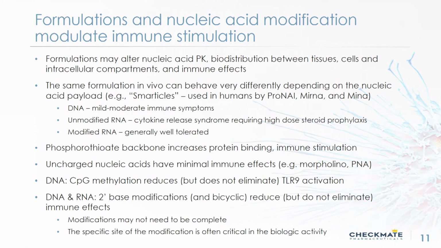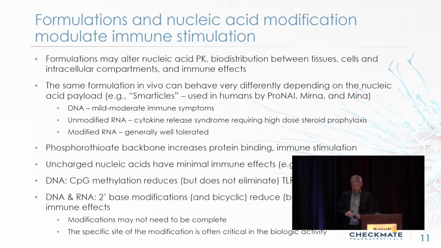Now, you don't have to completely modify an oligonucleotide with 2' modifications in order to greatly reduce the effects. But you do have to think hard and screen hard on which sites in the oligonucleotide you make the modification. Because just shifting a modification from one position in an oligo to an adjacent position can dramatically change the toxicity and the efficacy profiles.